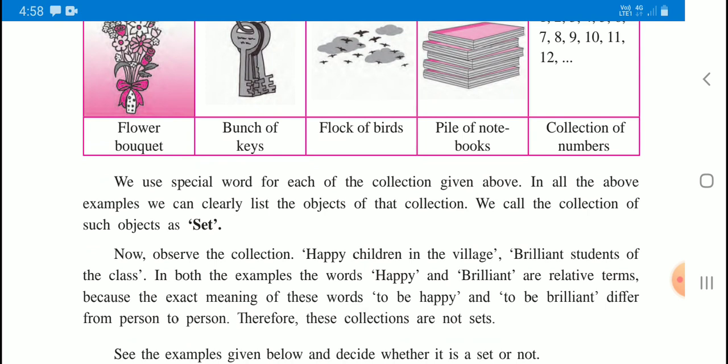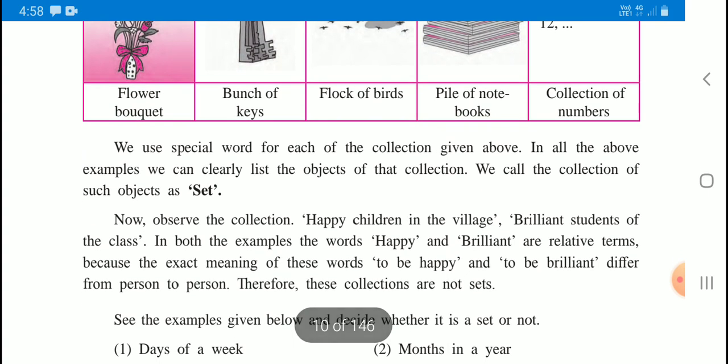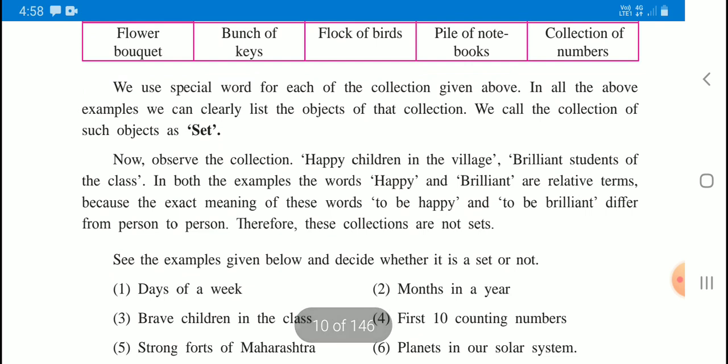We can take other examples such as happy children in the village or brilliant students of the class. In these examples, happy and brilliant are relative terms, because the exact meaning of being happy or brilliant differs from person to person.